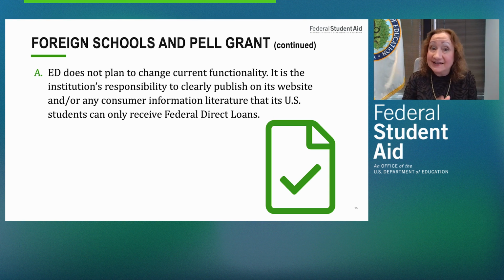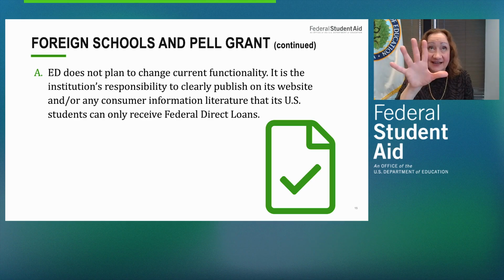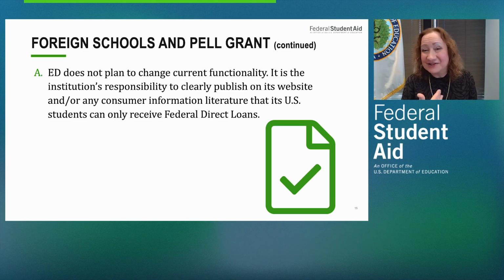Now, keep in mind, there's a disclaimer on the FAFSA submission summary explaining the amount of Title IV aid displayed, and it says that it's only an estimate and that the school will determine the amount. Now, we recommend that you clearly communicate to your U.S. students that they can only receive federal direct loans at your school.